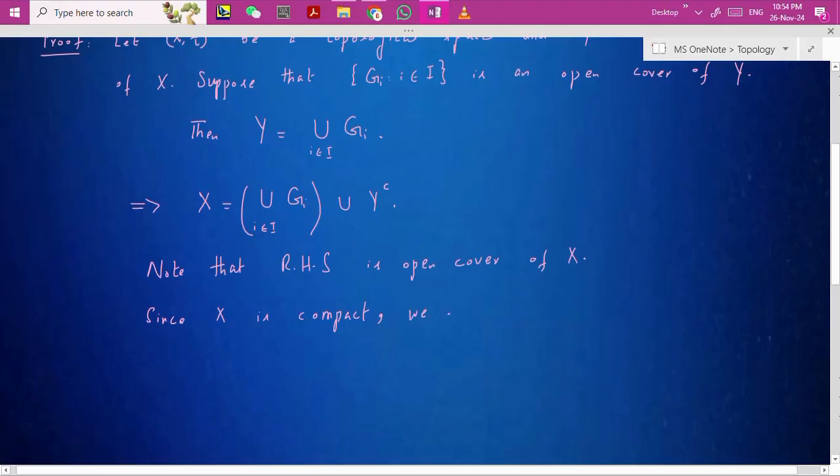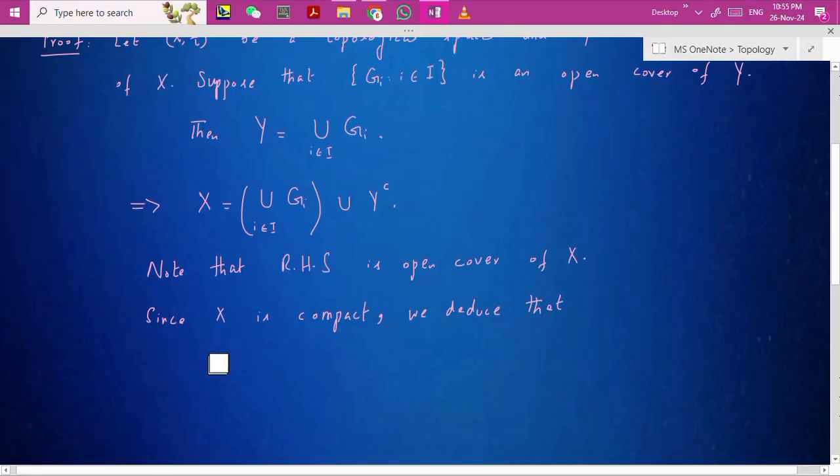So ultimately, we deduce that this open cover has a finite subcover. Finite subcover means X is the union of a finite number of these open sets.